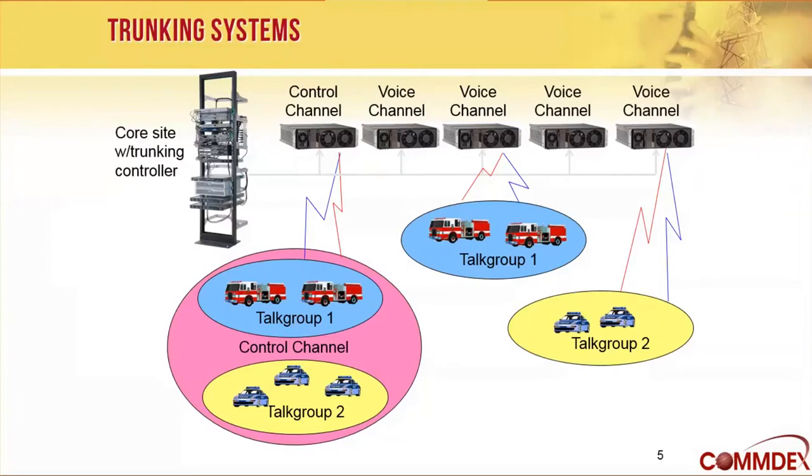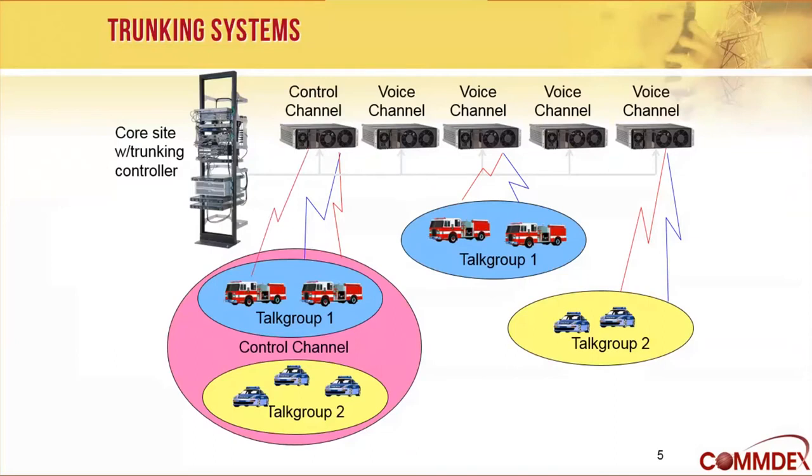So in this picture, we have a couple of talk groups. We have talk group 1 is fire, talk group 2 are police, and they're going to share a trunk system. So if the animation works properly, the first thing that happens is somebody from talk group 1 wants to make a talk group call, meaning this fire truck wants to talk to another fire truck.